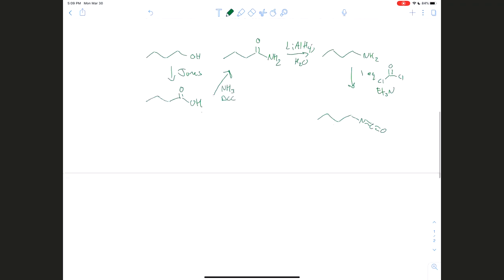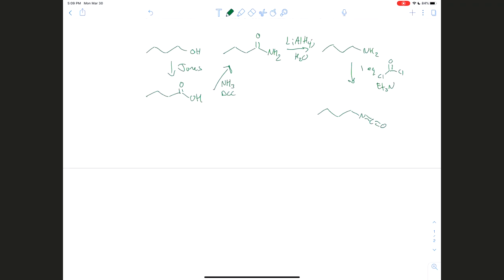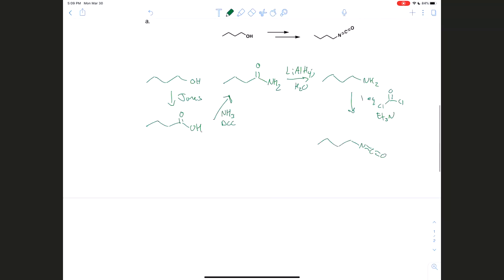There's probably a slightly shorter way because in the last lecture we learned a few methods to make primary amines in particular. So you could also look at ways to do an azide reduction. That would involve converting this alcohol to a bromide, displacing with azide, and then reducing.